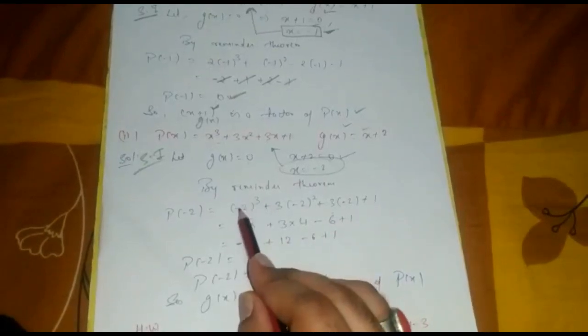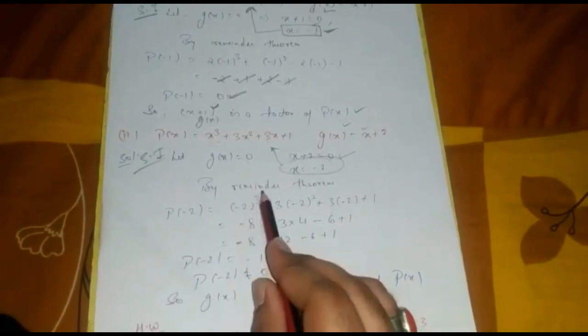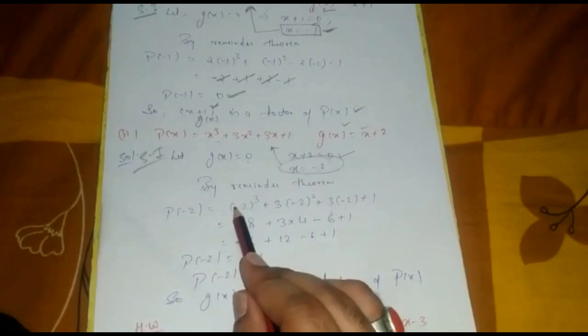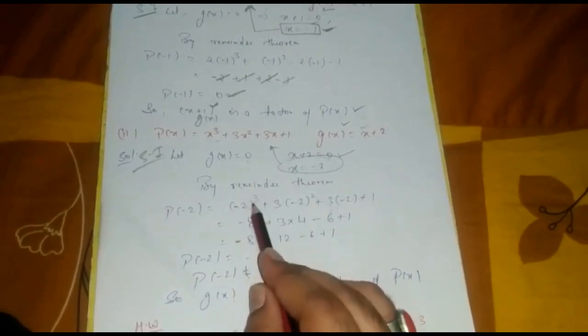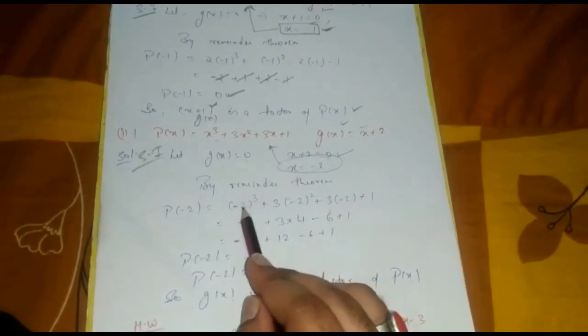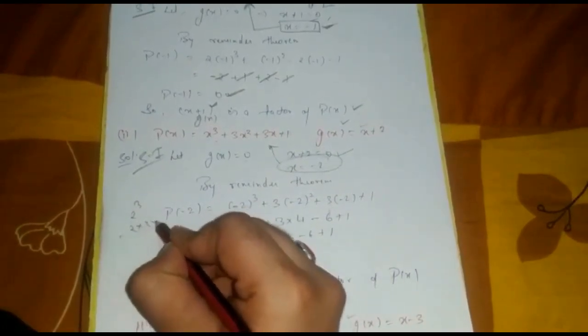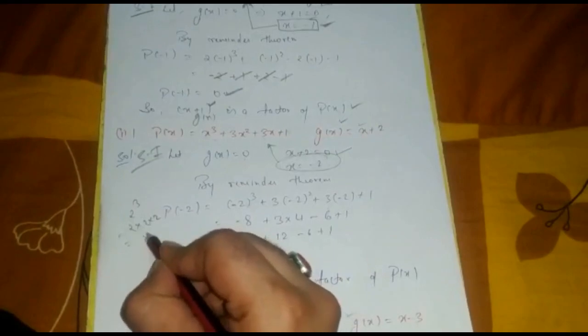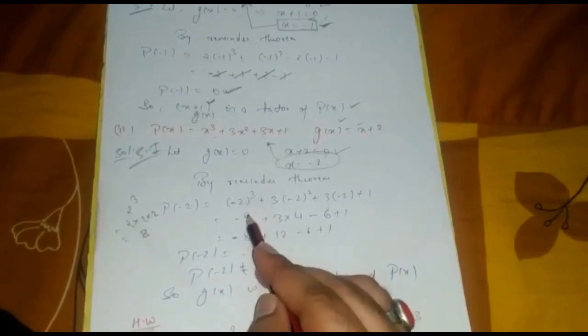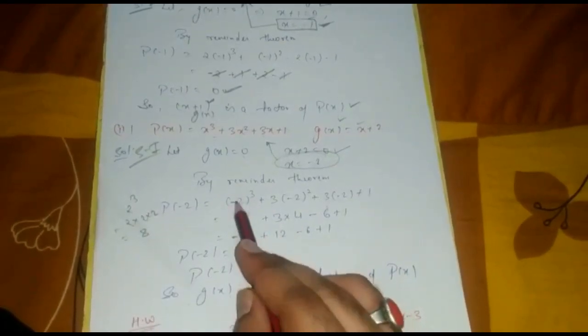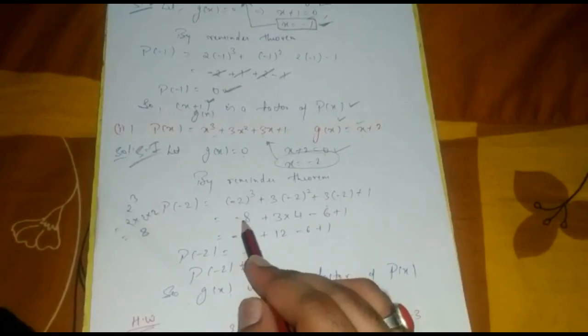The cube of a negative number is again a negative number. When the power is odd, the answer is negative. If the power is even, the answer is positive. And cube of 2 is 2 into 2 into 2, that is equal to 8. So cube of 2 is 8, and cube of a negative number is negative, so minus 8.